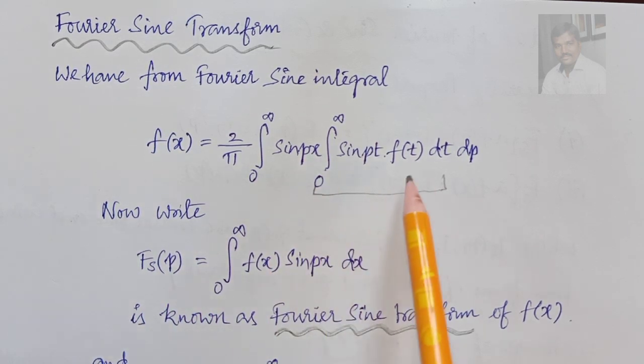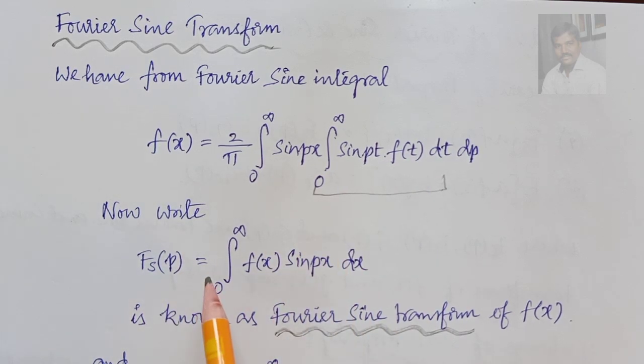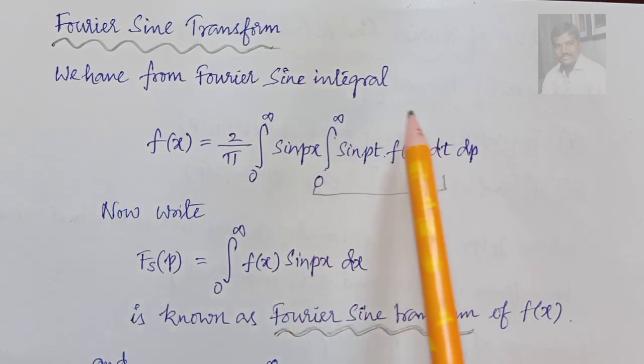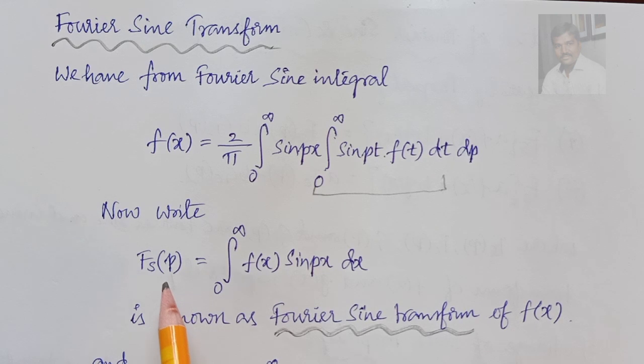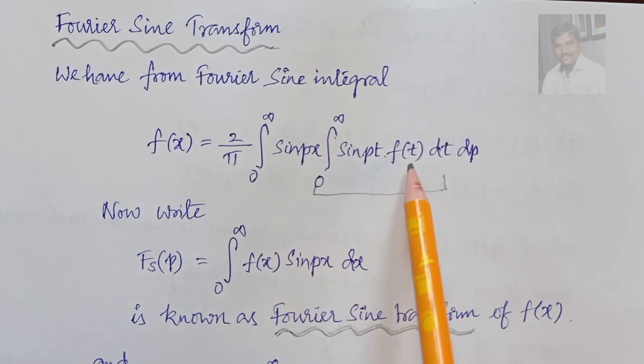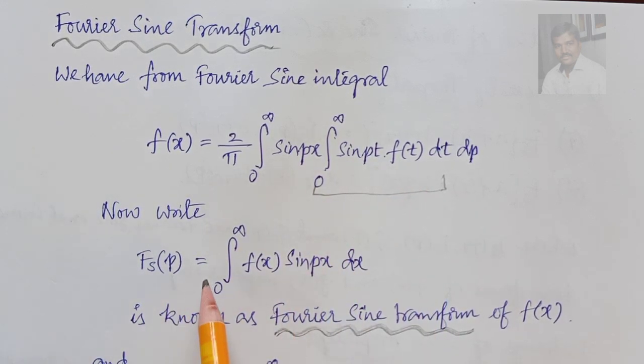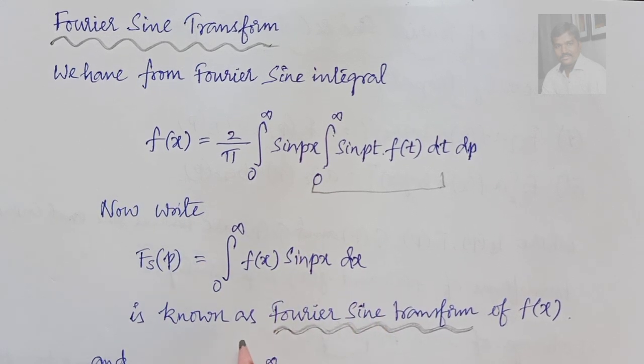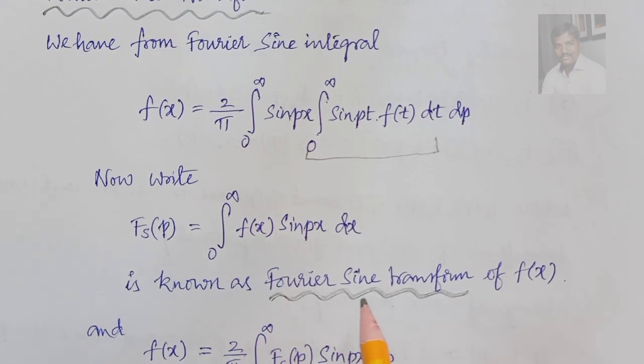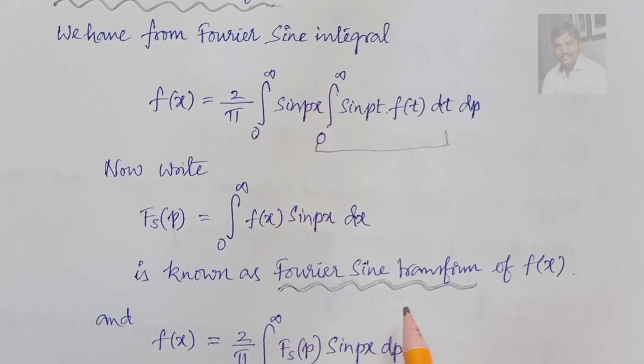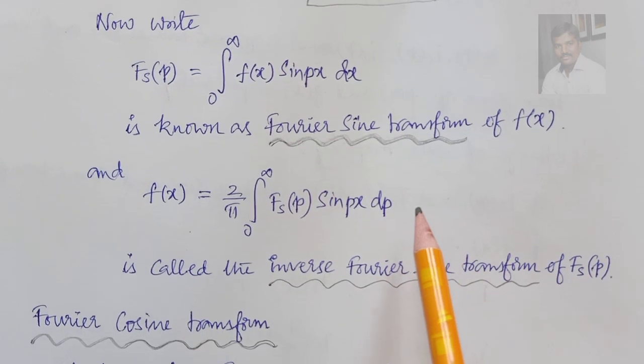So we are writing this part as Fs of p, that is the Fourier sine transform of f of t. So Fs of p is equal to integral 0 to infinity f of x sine px dx, which is known as the Fourier sine transform of f of x.